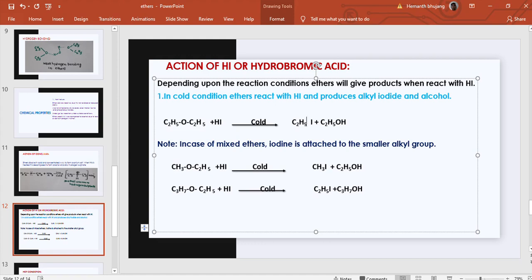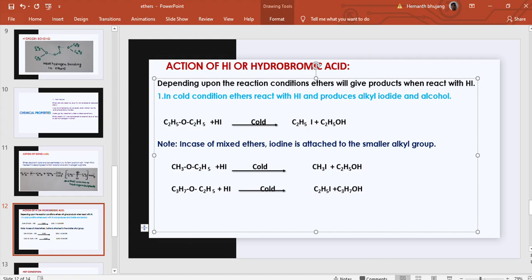Take a second example, C3H7O C2H5. Here also we have a mixed ether with two different alkyl groups, and the condition is cold condition. Here also two products are possible. At one time I can write C3H7OH or at one time I can write C3H7I. But which one is correct? According to our rule, the iodine should go to C2H5 because this is the smaller alkyl group.